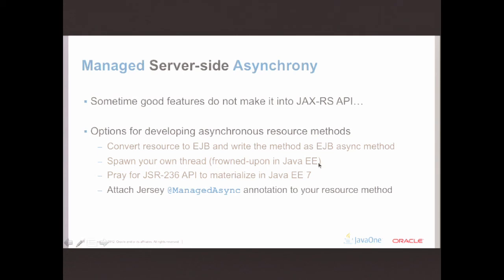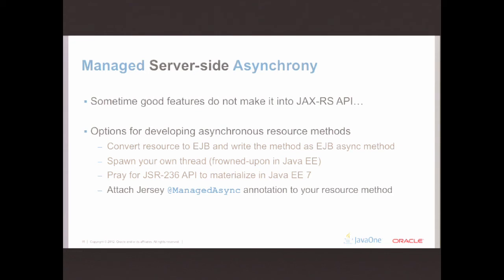So what are the options currently? You can either use the async EJBs for spawning new threads, or you can spawn your own thread if you're running in a Java container. Bill Shannon, the Java architect, will really frown upon you because you are not supposed to do that at all in a Java container. Or you can basically pray for the concurrency API to materialize in Java 7.